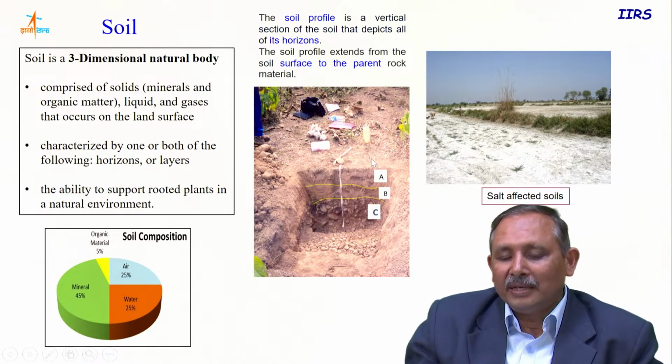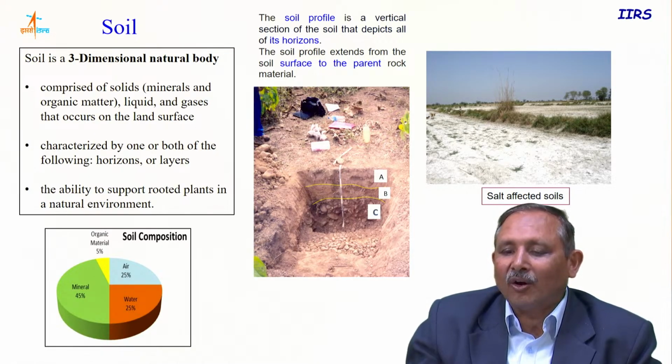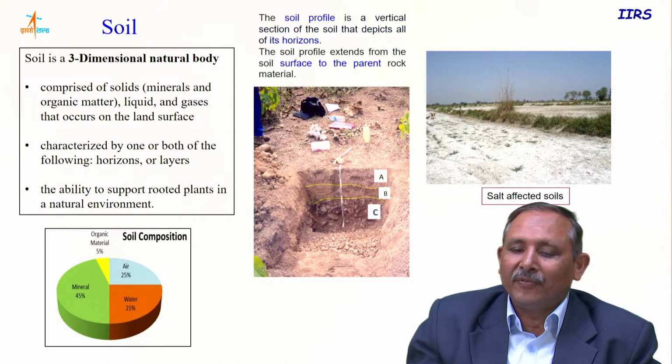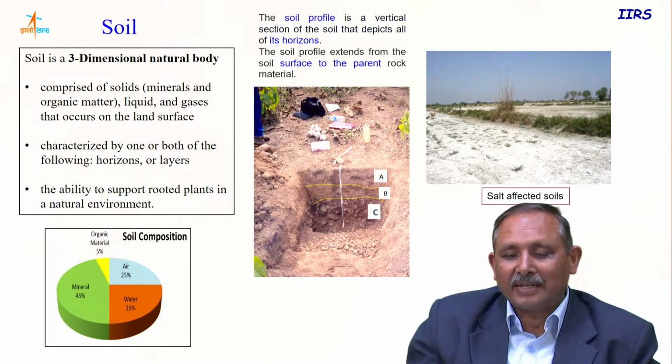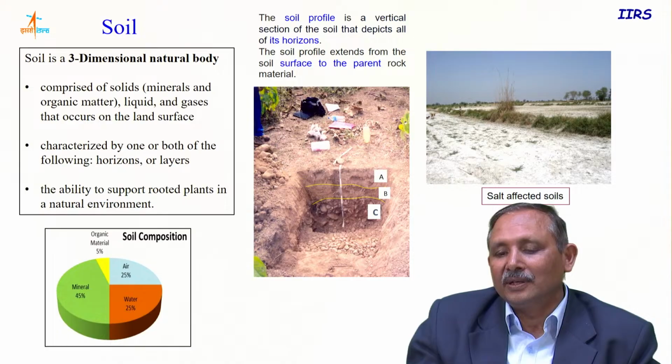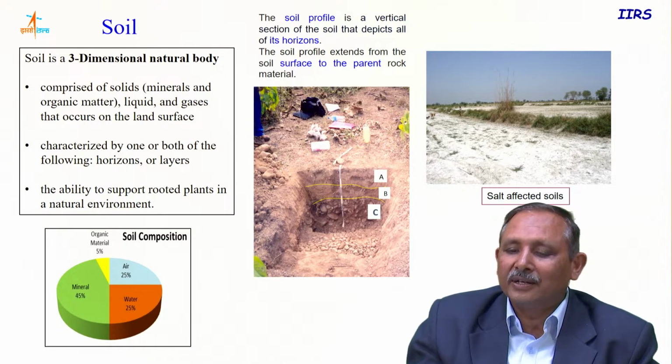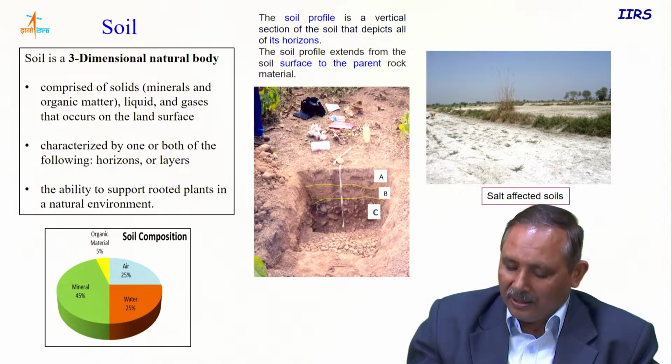In remote sensing we study mainly the reflectance behavior of the object. So if it is normal soil, the reflectance will be different than your problematic soils, or salt affected or eroded or any other kind of soil.